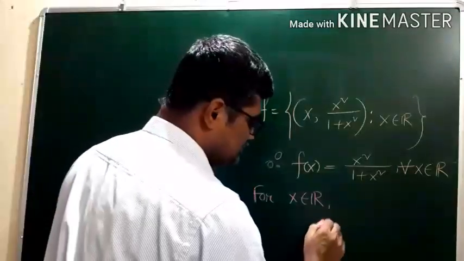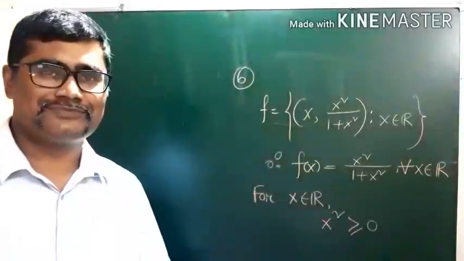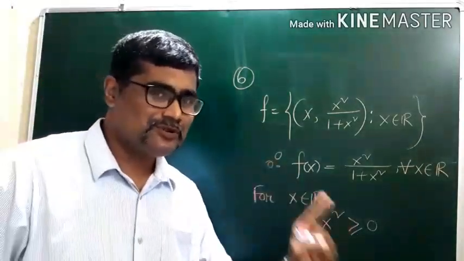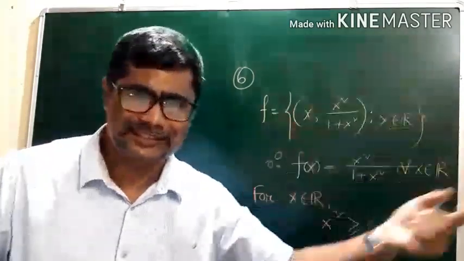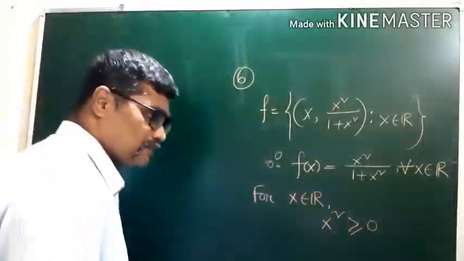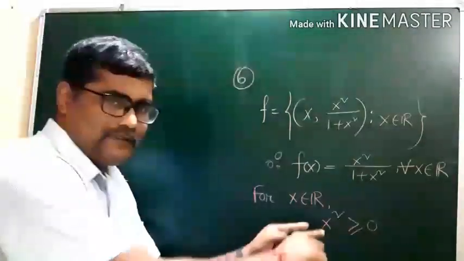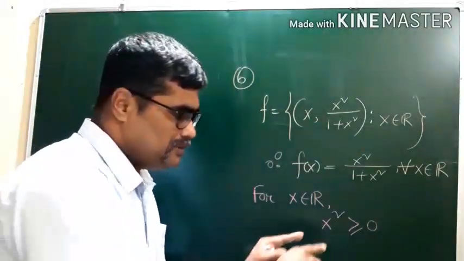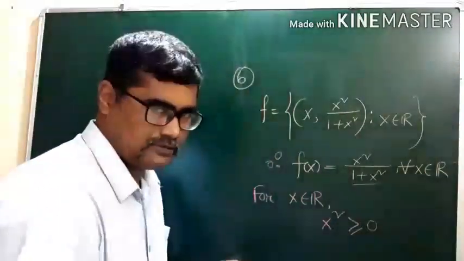For this, what can you observe? x square will be positive, or it may be 0, greater than or equal to 0. We already discussed this, so I will not take much time for that. Secondly, if immediately after this I add 1 to both the sides, actually I am targeting this part now.